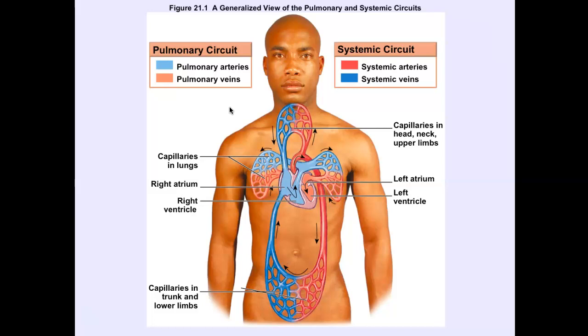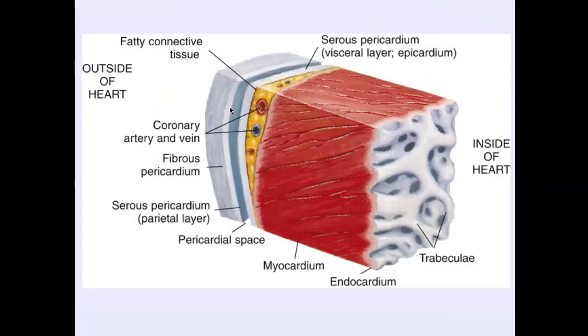All right, so let's look at the heart itself. Let's look at the wall of the heart. So we have the words endocardium, myocardium, and pericardium. The endocardium is going to be the lining inside the heart. So in this little chunk that we have of the heart, here's the inside. The gray material is going to be one simple squamous layer of cells, and that's just the lining of the heart.